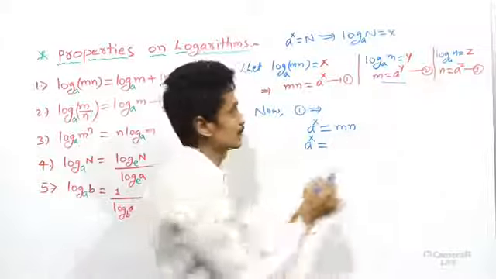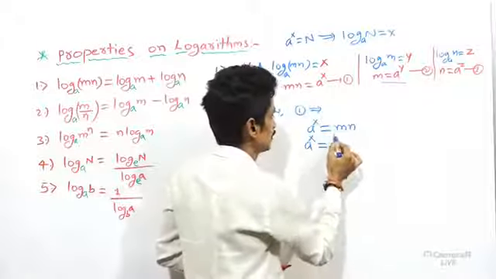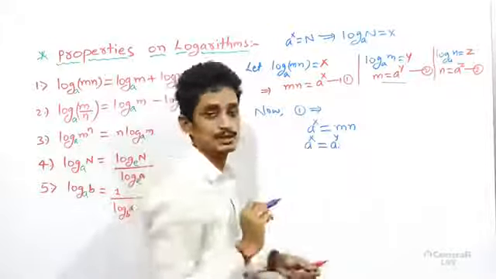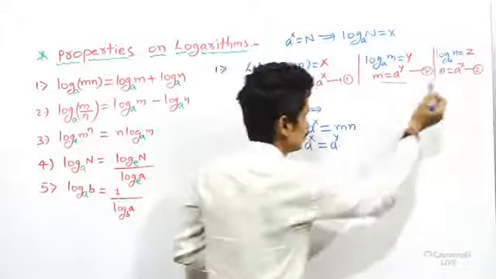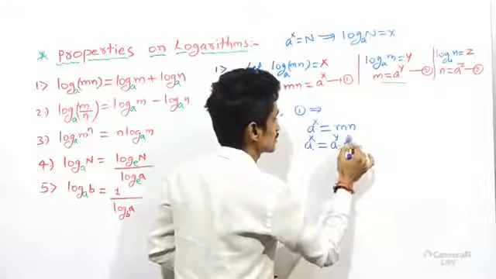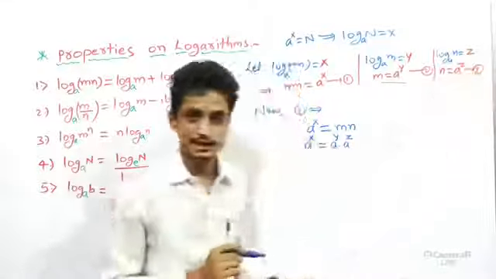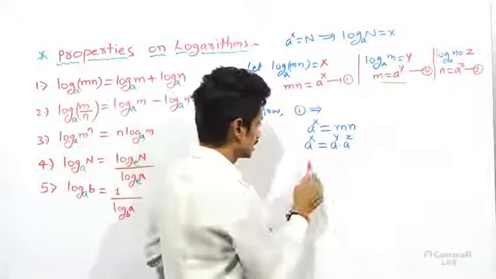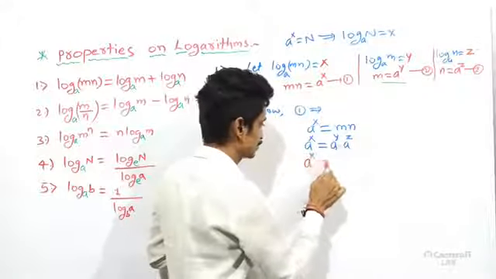According to equation number 2, that is a power y. Into, no sign means into. What is the n value? A power z, according to equation number 3.